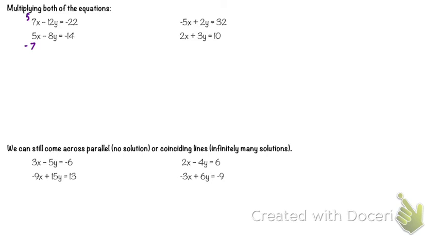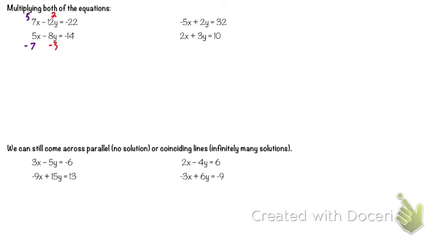Option 2. If we were to do the y's, what would we have to multiply the 12 by? 2. What would we have to multiply the 8 by? Negative 3, because once again we need to take care of the signs. Very good, Abby. So here are our options. Would you rather multiply by 5 and negative 7 or by 2 and negative 3? Most of us are probably going to say by 2 and negative 3, and that's going to determine which variable we eliminate.